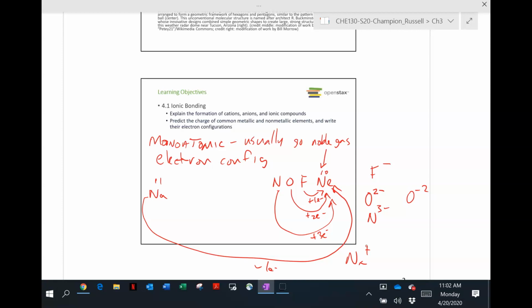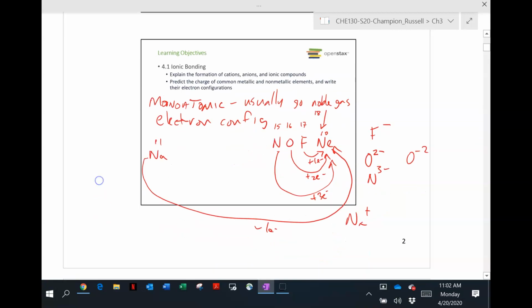Over here, group 18 is the noble gases. Fluorine is in 17, oxygen's in 16, and nitrogen's in 15, and we can generalize that 17 tends to form -1 ions, 16 tends to form -2 ions, and 15 tends to form -3 ions, although there are some exceptions.